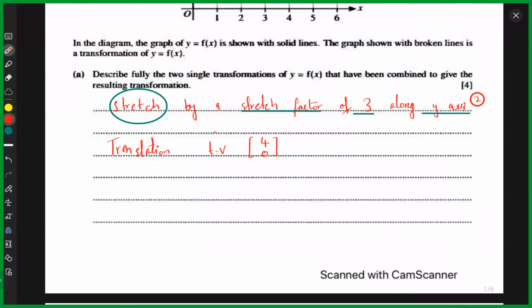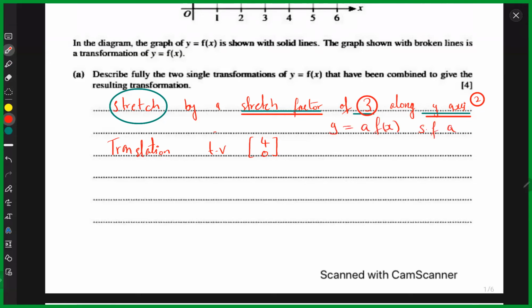So this 3 is my stretch factor, and it is along the y-axis. For the y-axis, things were how they actually were. If your stretch factor was 3, this basically meant that we were multiplying 3 with the actual function, right? So if we had y equals a f of x, the stretch factor used to be a.